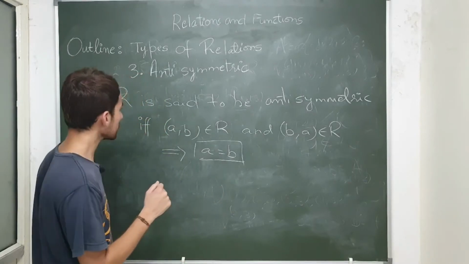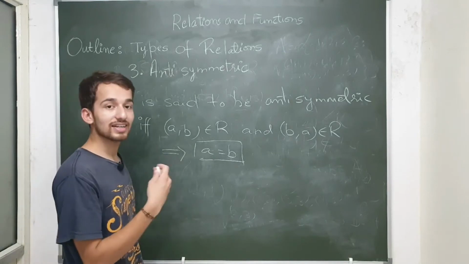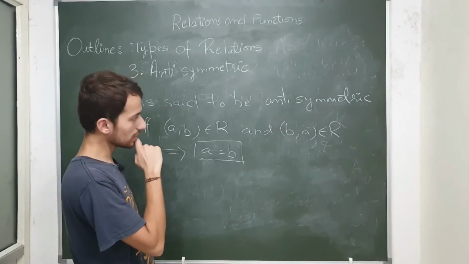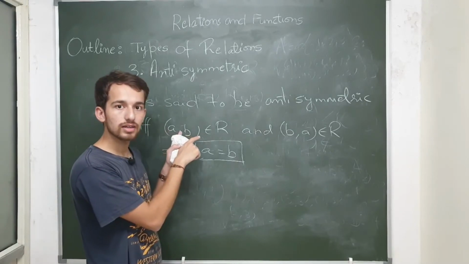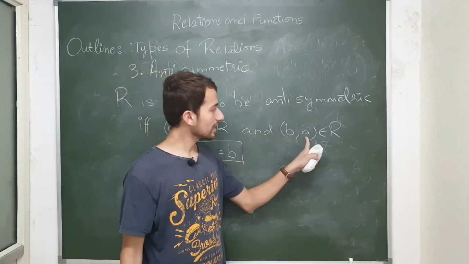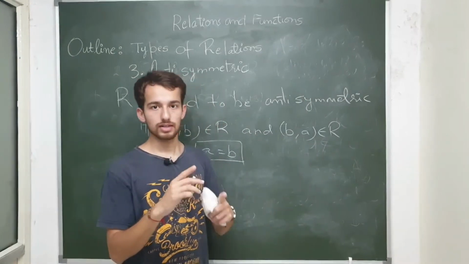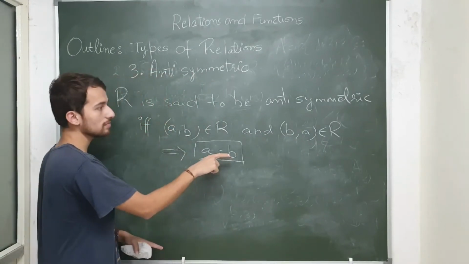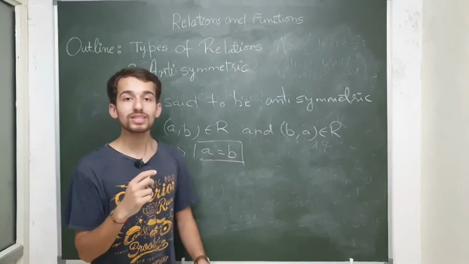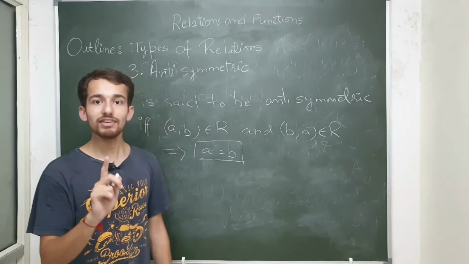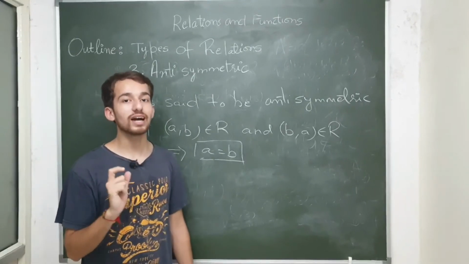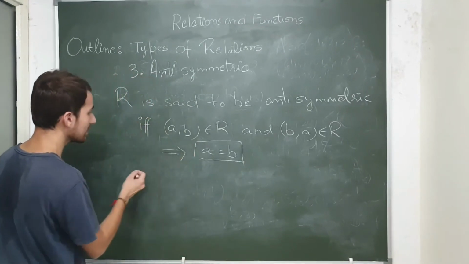Fine. We can understand it one more way also. If A and B are related to each other and B and A are also related to each other, then either they are the same or they cannot be related to each other simultaneously. That is, only one of the ordered pairs should belong to the relation R, but not both. I can rewrite it like this also.